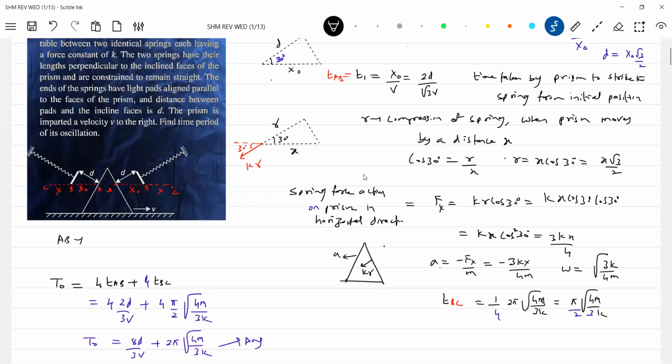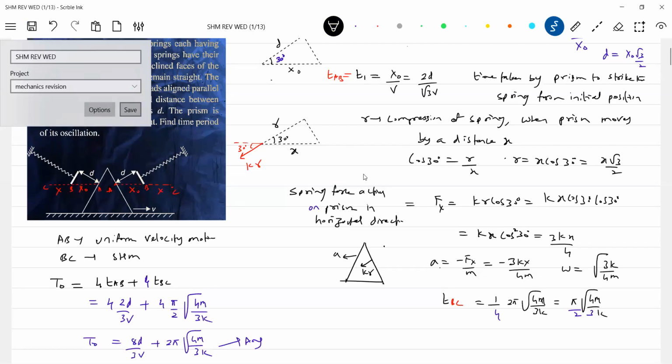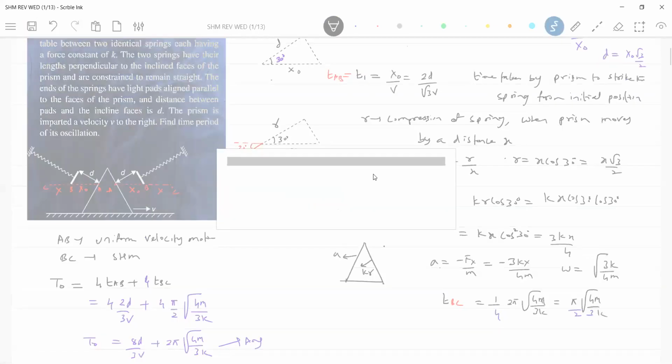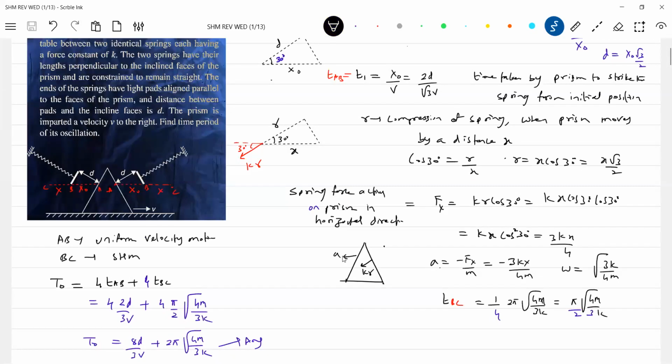A to B, uniform velocity motion. I think it may not be possible in advance. There can be questions of this kind also. You have to be alert.